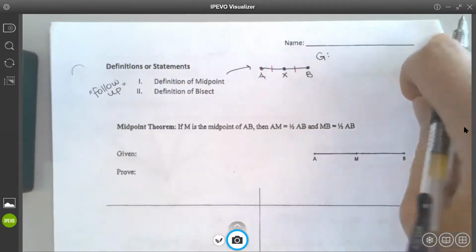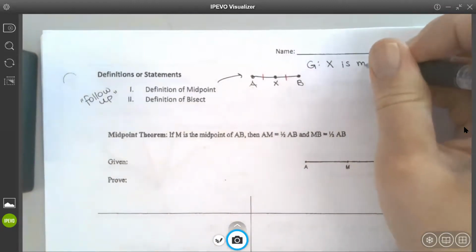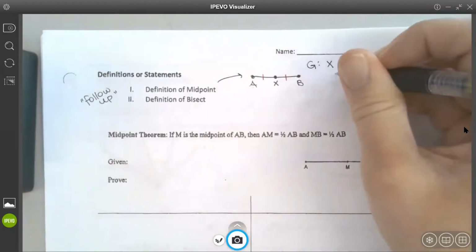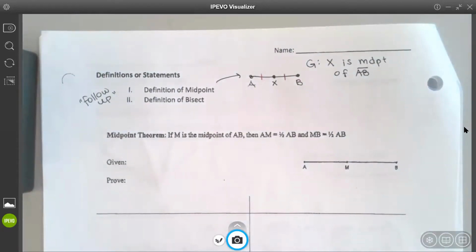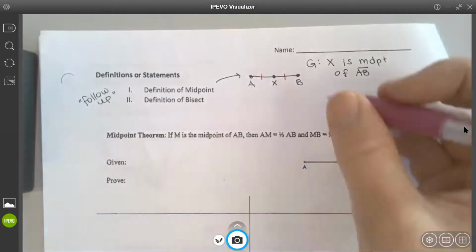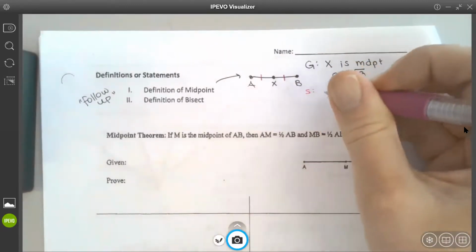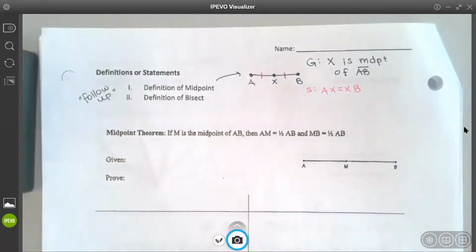So if I am given that X is the midpoint of AB, so that in my proof, that's what I'm given. So I would write my given, that's my first step, and then my next statement would be that AX is equal to XB, or I could have gone the other way, BX, whatever.